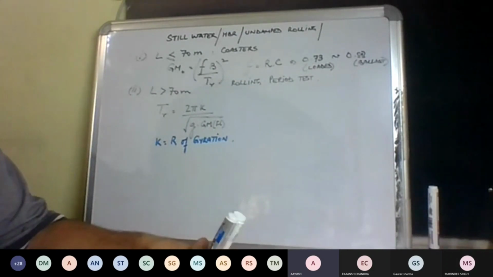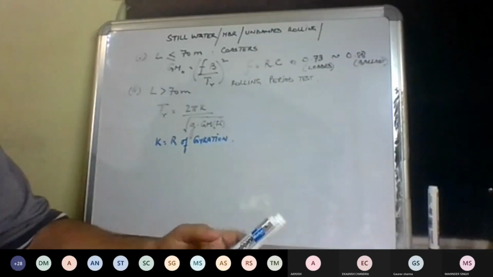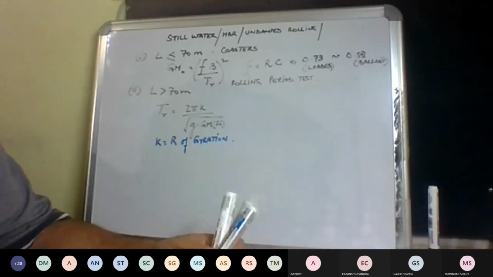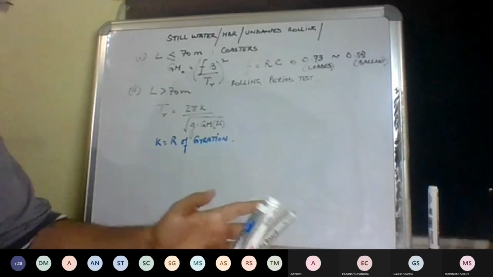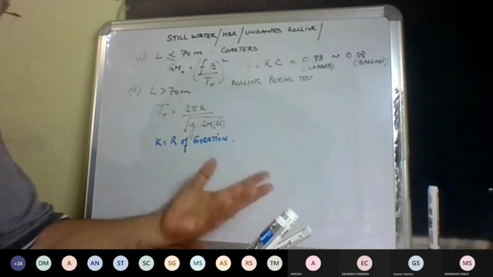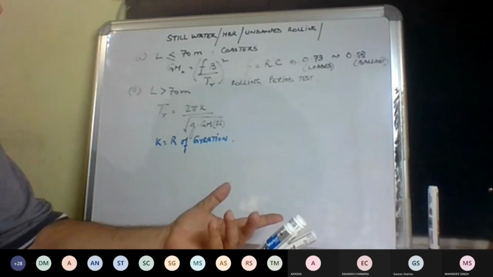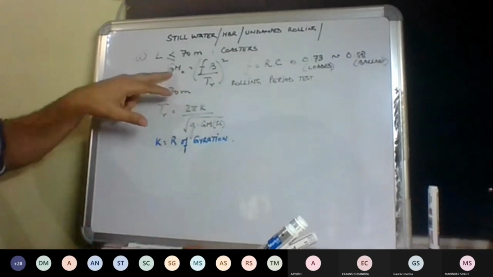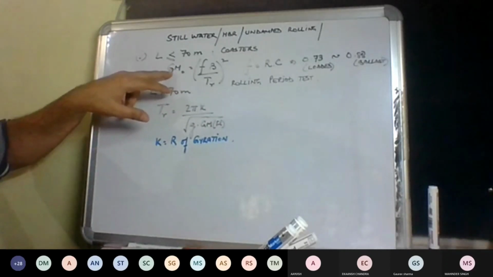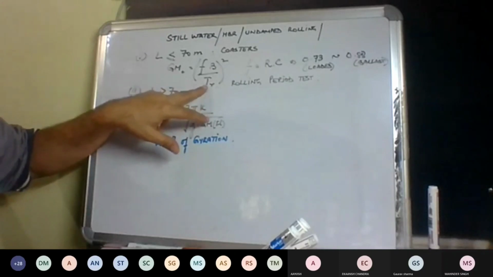Yes, that's right, because basically the question is trying to indicate that the vessel is going to be around the coast and is not going to go onto the high seas. So how do such vessels behave, and how can the GM of such vessels be estimated by measuring the time period of the roll?